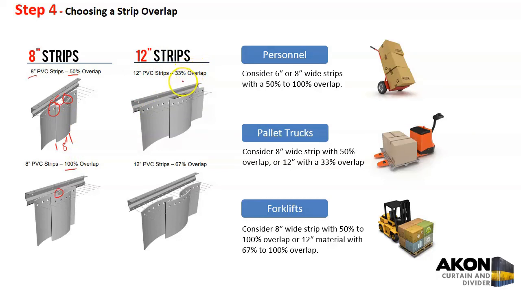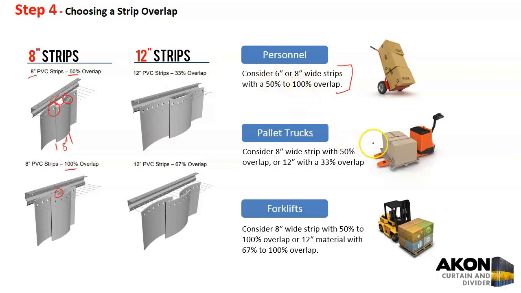A common question customers will ask us, well, what's the ideal strip I should be using? And again, there's some overlap between applications where it's not always a 12-inch, it's not always an 8-inch. So some general guidelines that we go by, if it's personnel, in other words, foot traffic, a 6-inch and 8-inch with a 50 to 100% overlap works great.